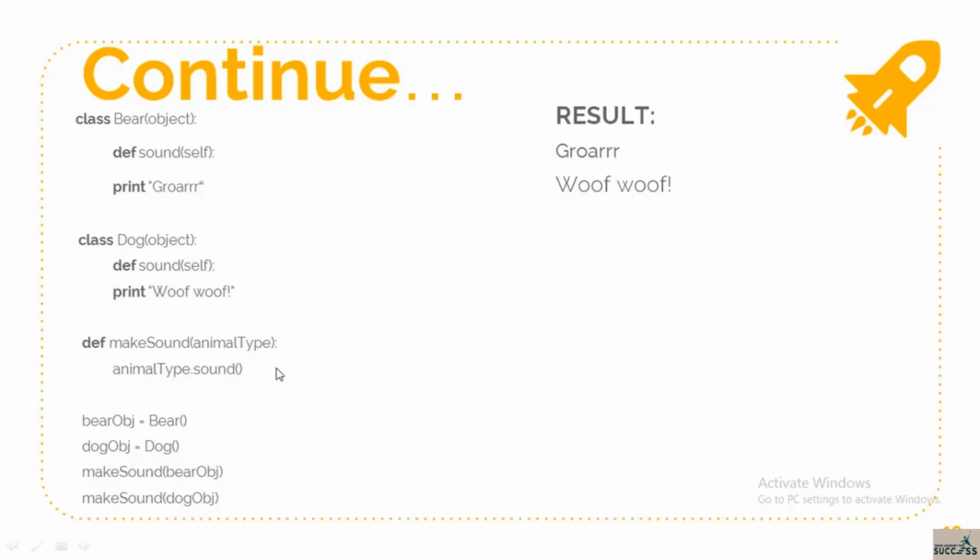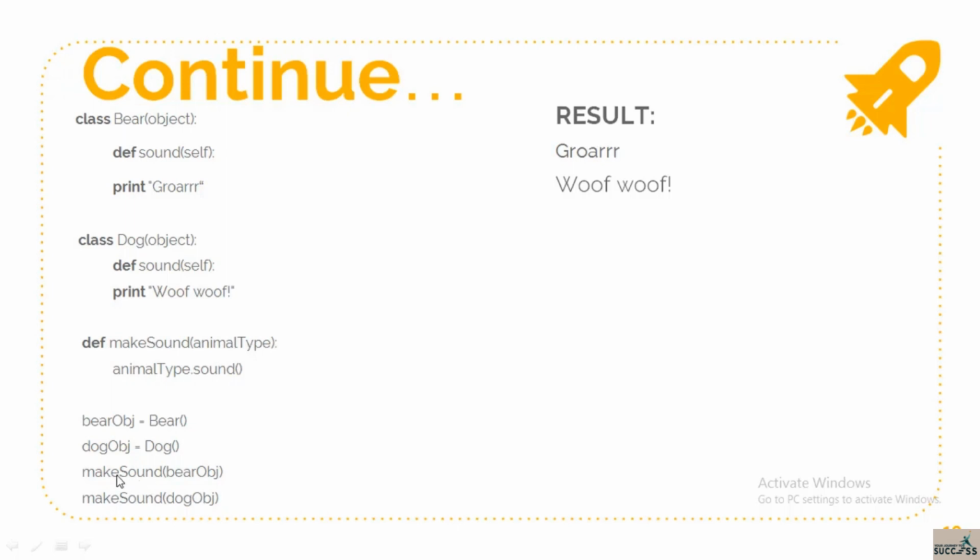Now what we did is that we made a function make sound, and first of all we make the objects of these classes. That is, first we make the object of the bear class, and then we make the object of the dog class, and then we make a function and pass these objects to this function, and then this function, depending on the object received, calls the sound method.